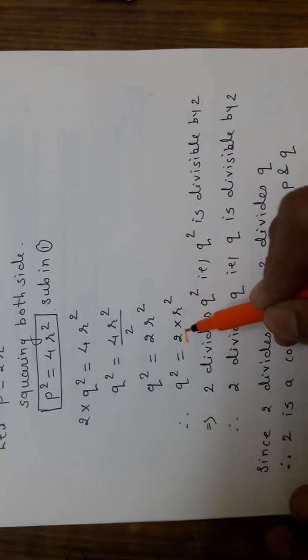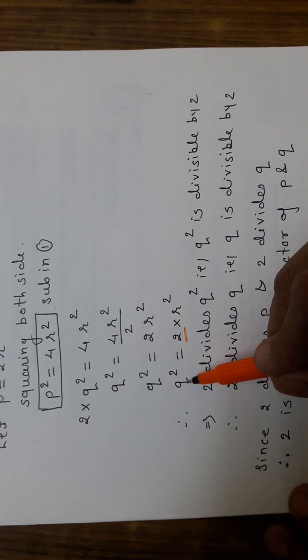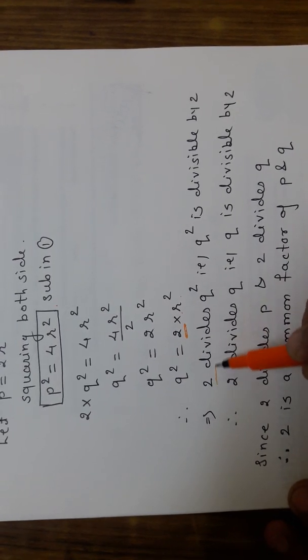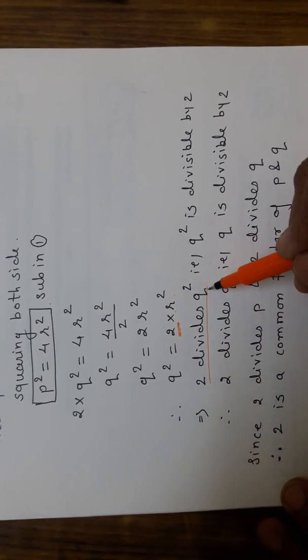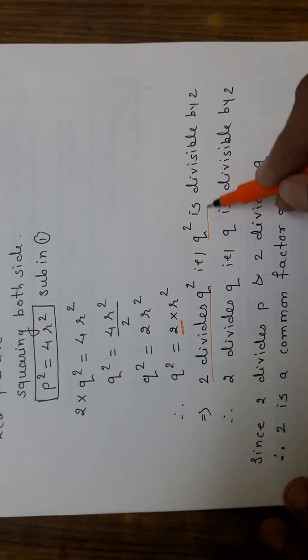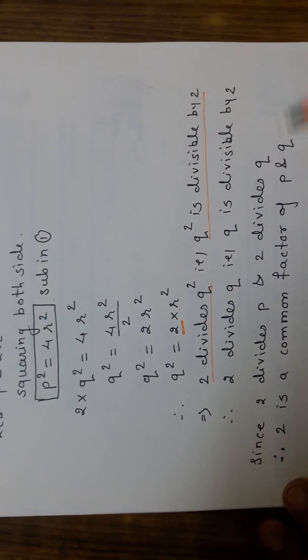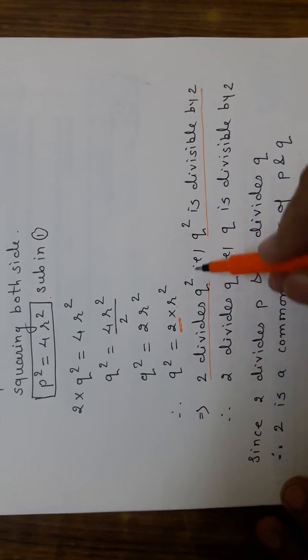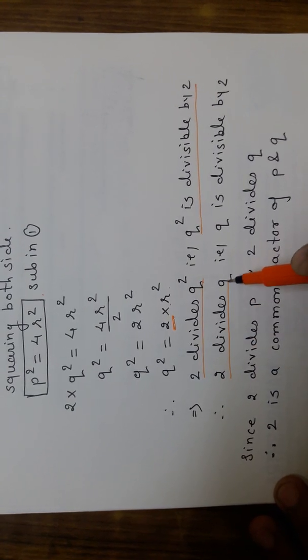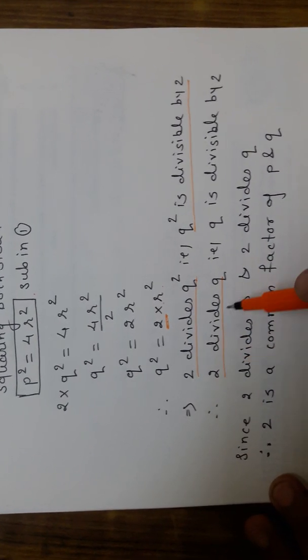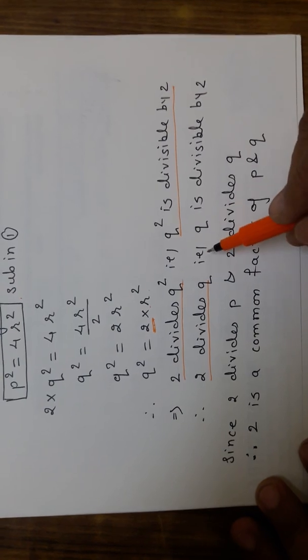Here 2 is again one of the factors of q square, so we can write 2 divides q square. In another way, q square is divisible by 2. If 2 divides q square, then from Theorem 1.3 we can write 2 divides q also, that is q is divisible by 2.